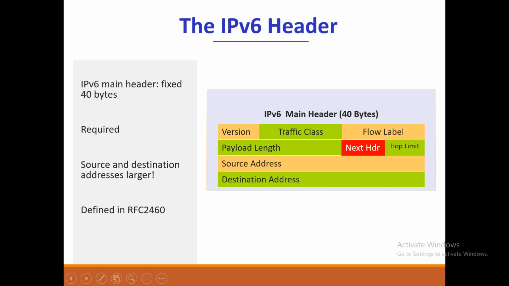But you'll notice too that really the v4 main header is actually more complicated than the v6 main header. And there are some fields which appear in the IPv4 main header which are not in the IPv6 main header. And we've changed a few things.